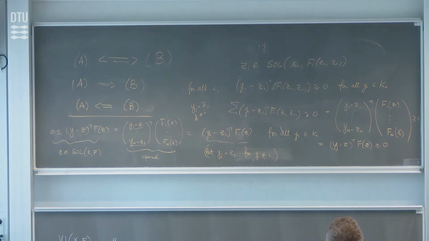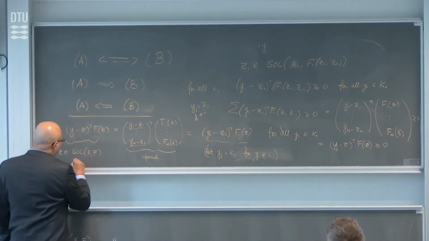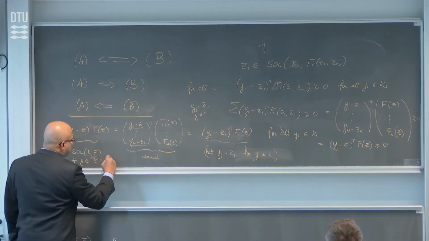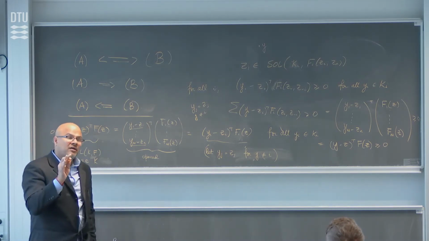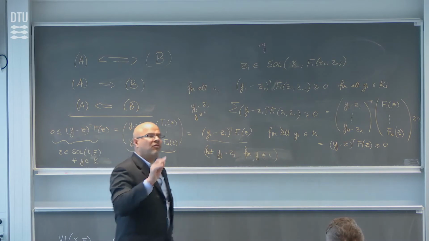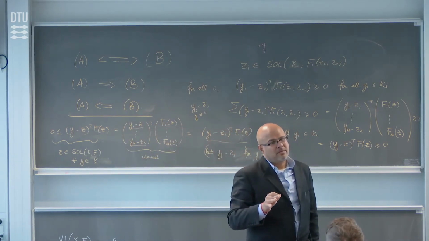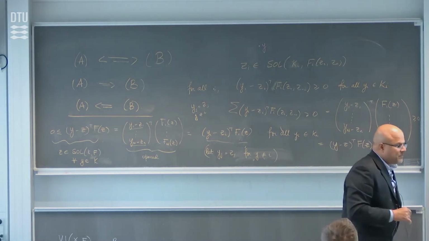This holds for all y in K, which is the Cartesian product of K_i's, right? Holds for all of K. So it has to hold for y1 equals z1, y2 equals z2, and so on. Okay?